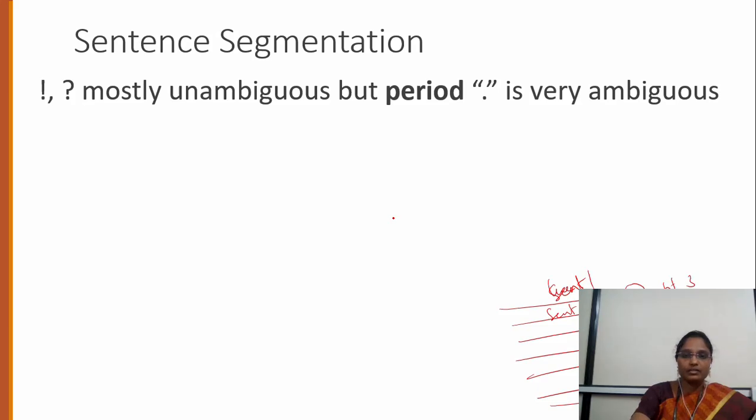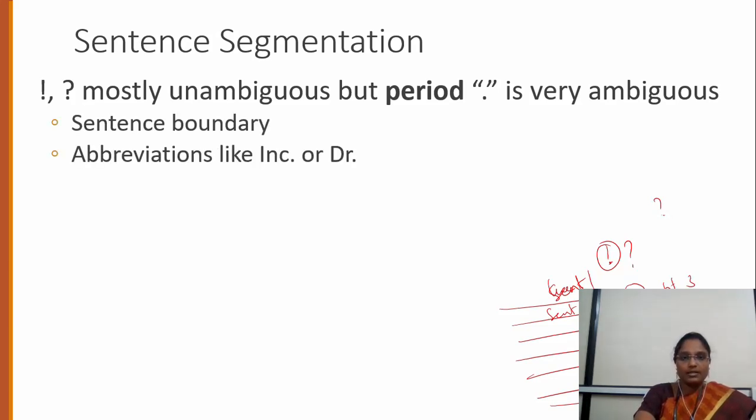Sometimes this dot could be used somewhere else also. The exclamation mark and question mark are mostly unambiguous, because only when a question is asked will the question mark be used, and for exclamatory sentences the exclamation symbol will be used. But the dot or period is not always used to finish a sentence.